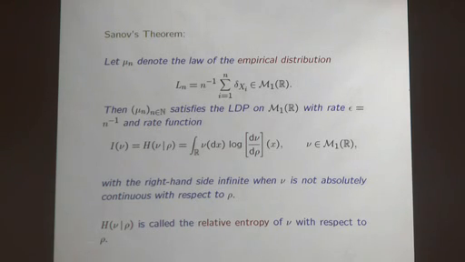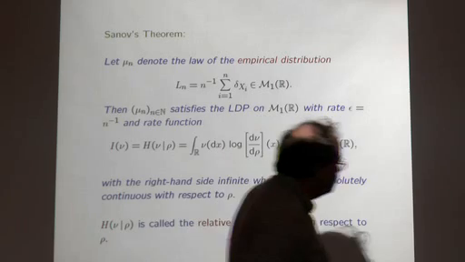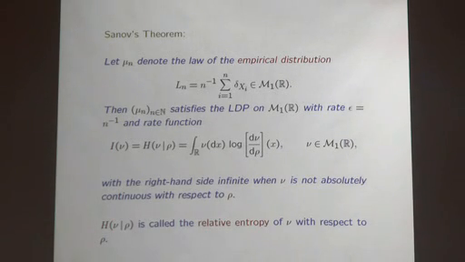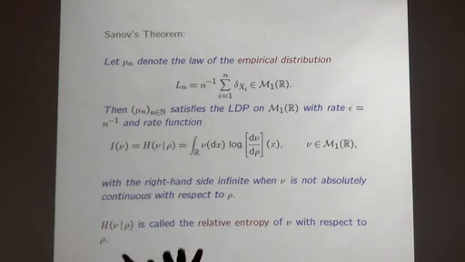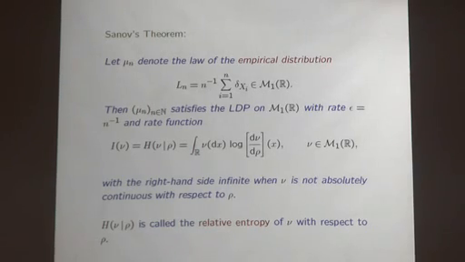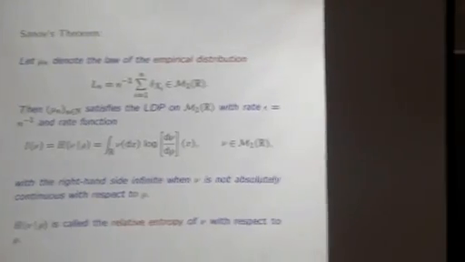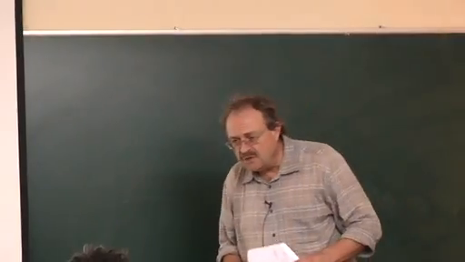Okay, and I want to give you a little sketch of where this relative entropy comes from. I'm not going to do the full computation, but I'm going to give you an idea of how you could guess this by doing a simple calculation, and I'm sure that this is what Sanov actually did.